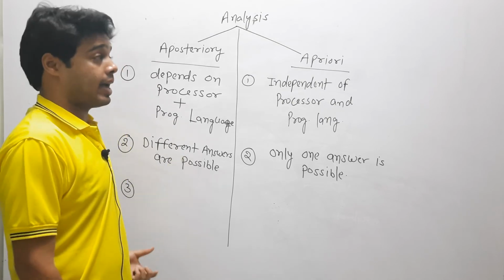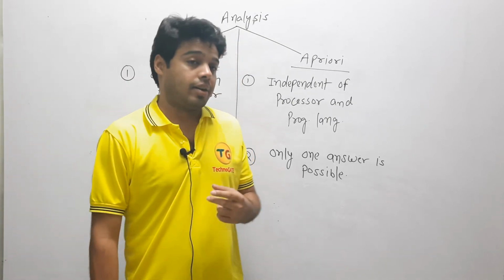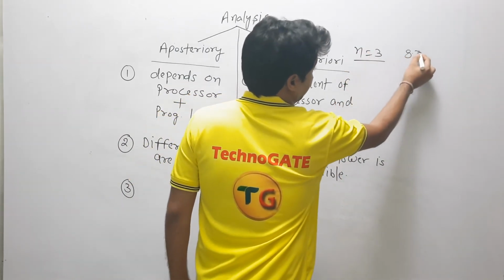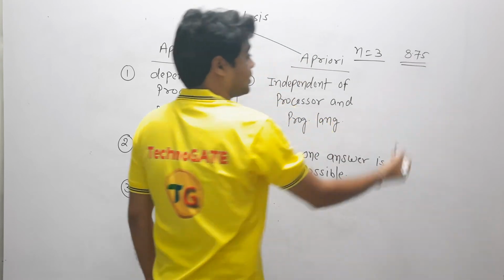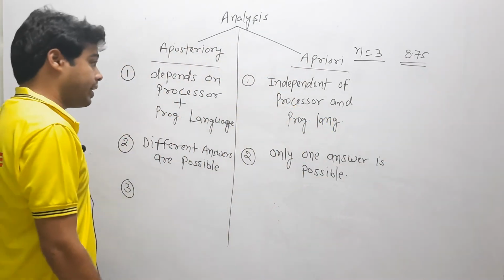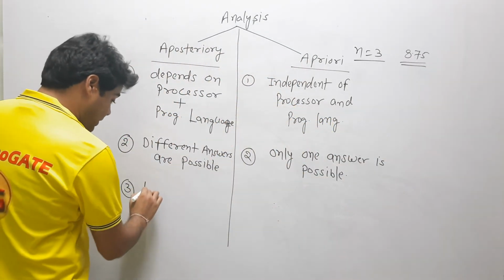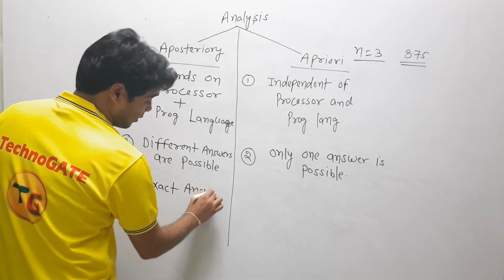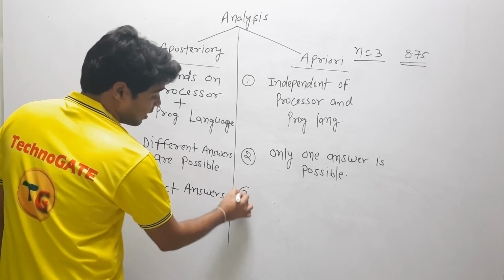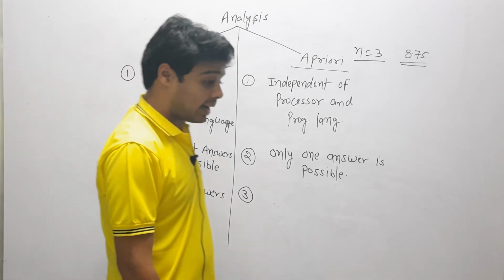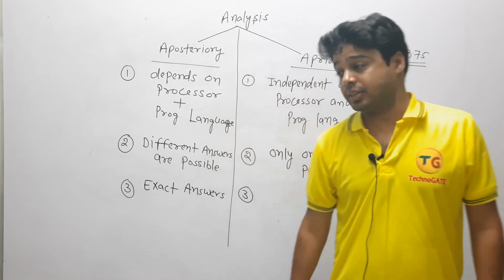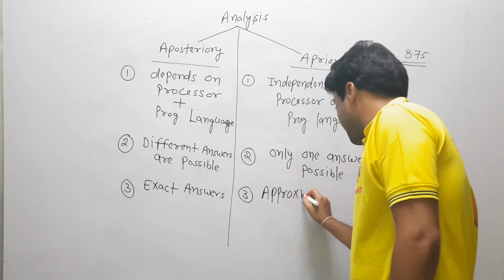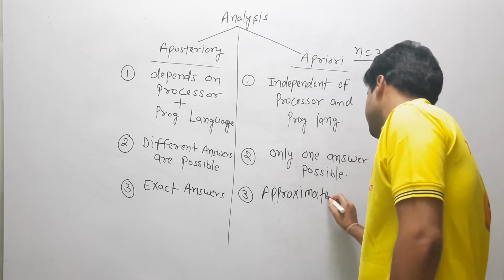How much exact time will it take? Suppose for n equals 3 you get 8.75, which is an exact answer. But in a priori analysis, we get an approximated answer.